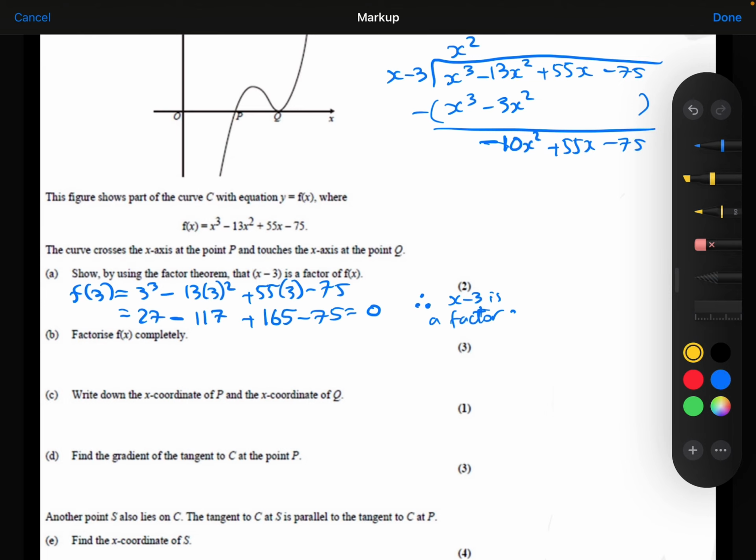And then we repeat the process. x into minus 10x squared goes minus 10x times. Minus 10x times x is minus 10x squared. Minus 10x times the minus 3 is plus 30x. And then we'll take that away.